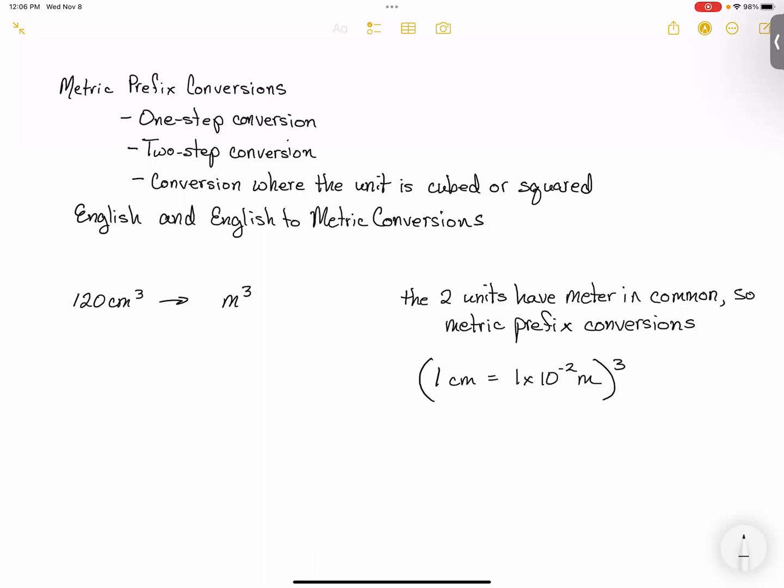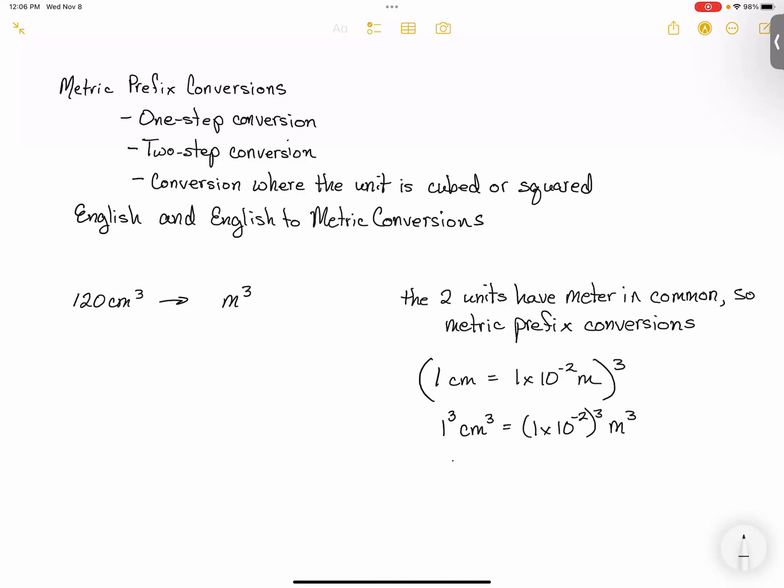Now, what does cubing the entire conversion factor entail? It means I have to cube the 1. It means I have to cube the centimeters. It means I have to cube the 1 times 10 to the minus 2. And I have to cube the meter. In other words, you have to cube all portions of that conversion factor.